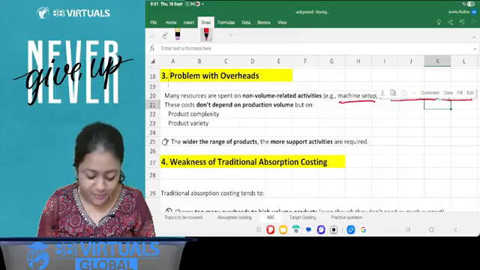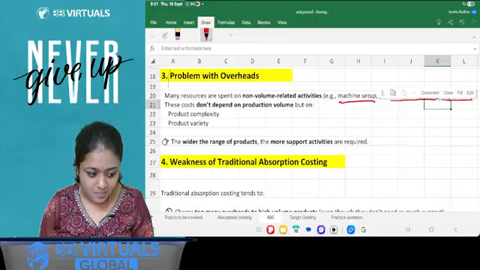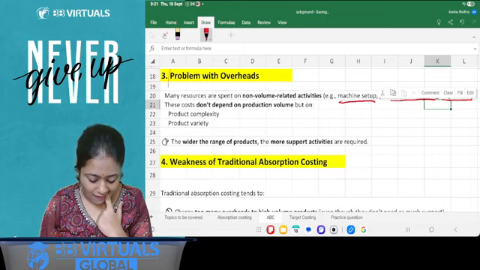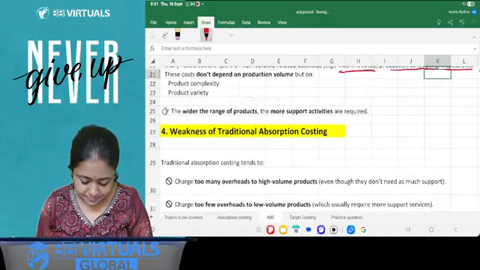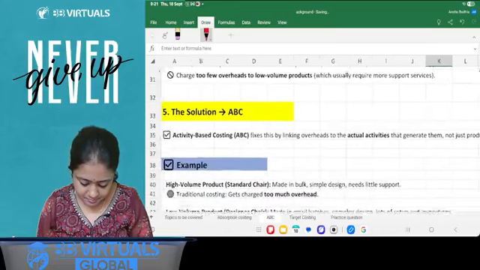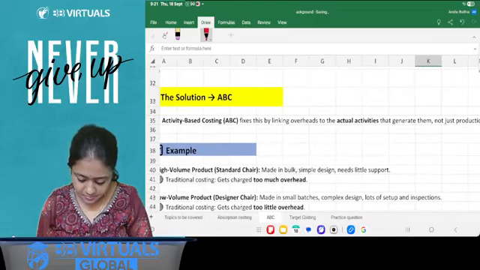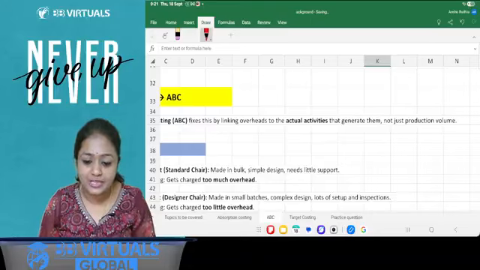Okay, now going further, guys, any pointers? Okay. Why is ABC in place? Now you know the reason.